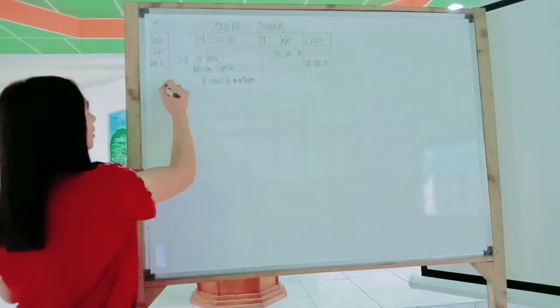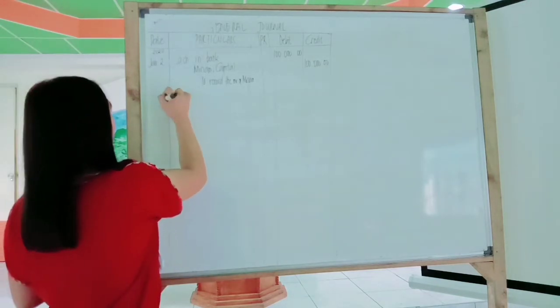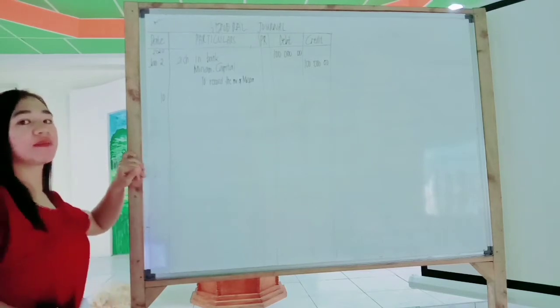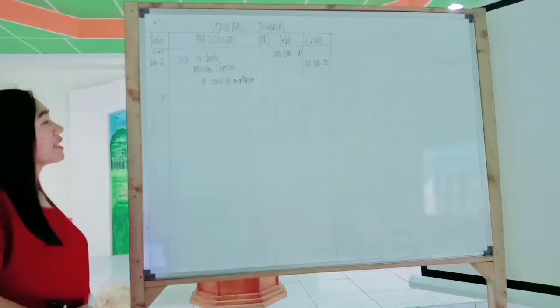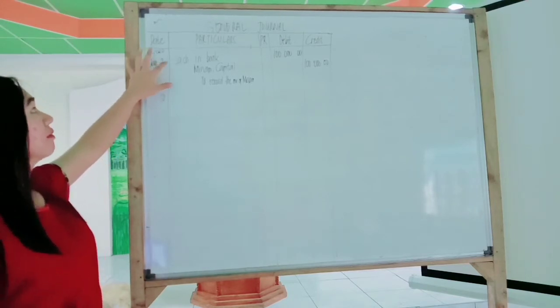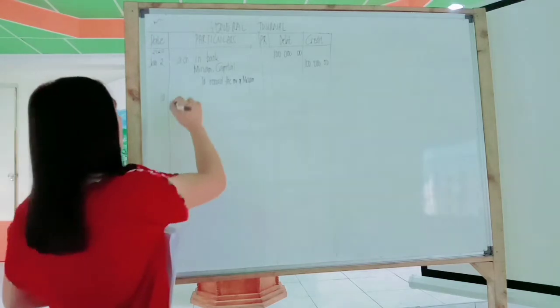Next transaction, January 10. January 10, ang nangyari, nagbayad si Miriam ng permits. Kung nagbayad siya ng permits using a check, of course, kung ilalabas yun, matcha-charge sa cash in bank, kaya doon natin i-charge.